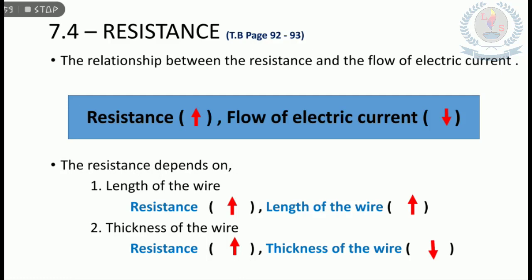A long wire has high resistance compared to a short wire, which means when the length of the wire increases, its resistance too increases as they both are proportional with each other. The resistance of a thin wire is greater than the resistance of a thick wire. Therefore, when the thickness of a wire increases, its resistance decreases as they both are inversely proportional.